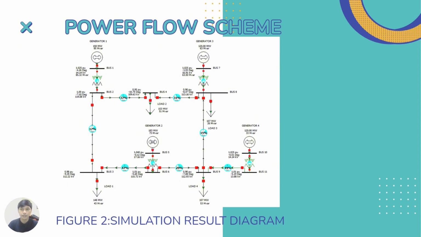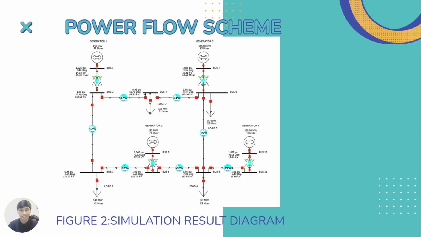Finally, looking at figure 2, our simulation results show a healthy system. Voltage profile: most buses are maintaining a steady voltage between 0.90 pu and 1.04.